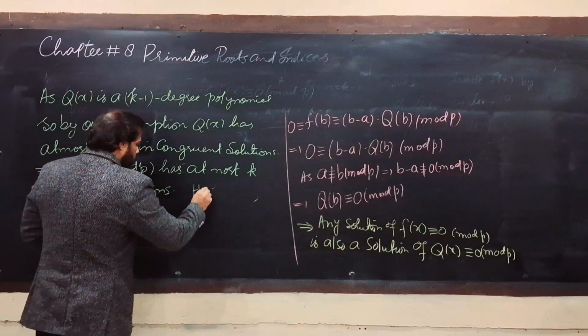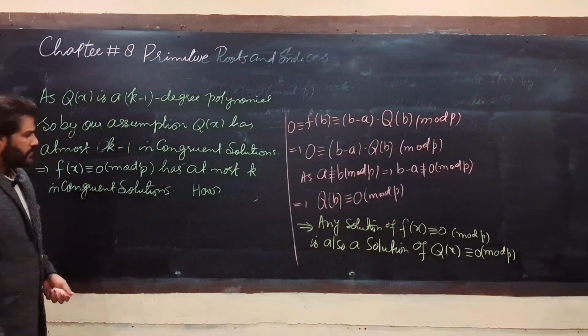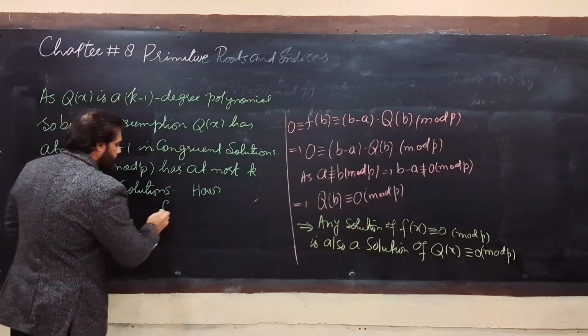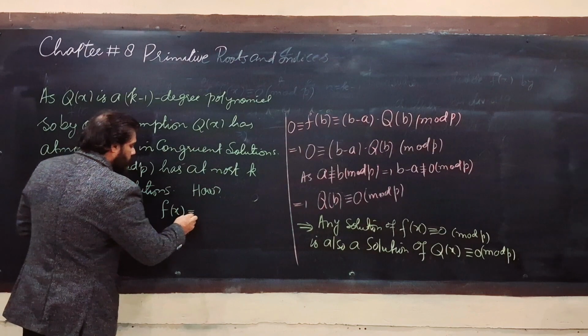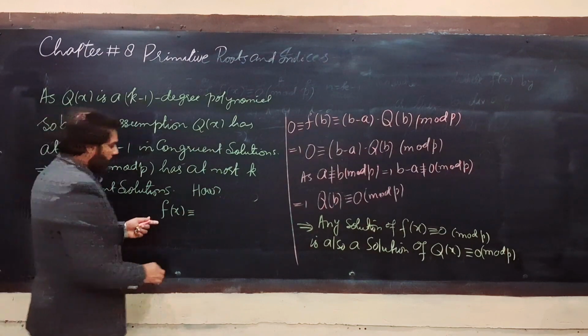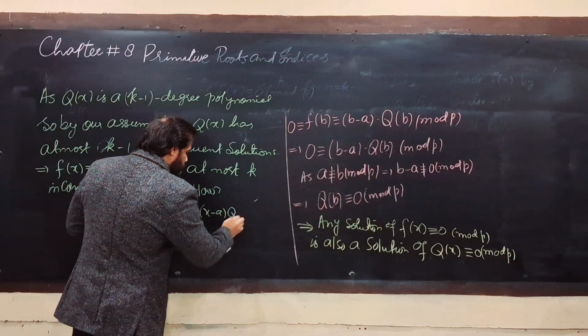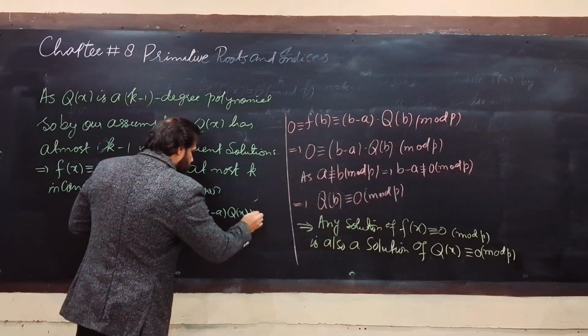How? This is simple because we have proved that f of x is congruent to x minus a into q of x modulo p.